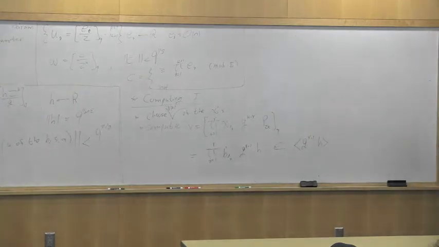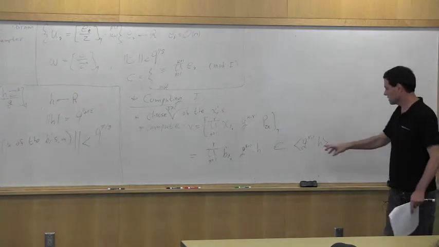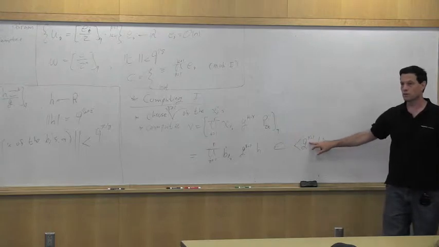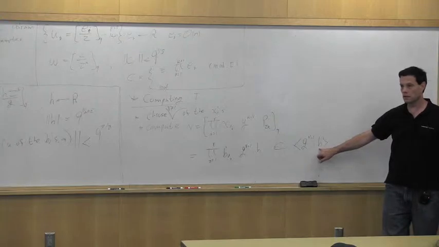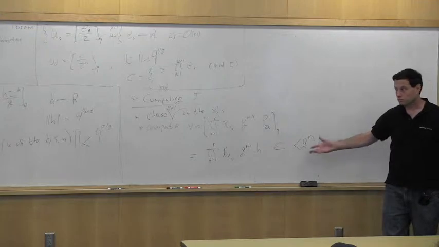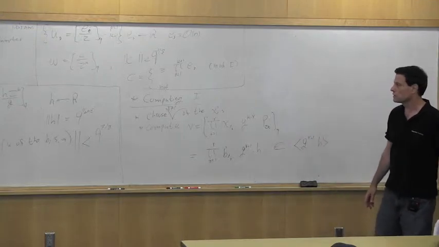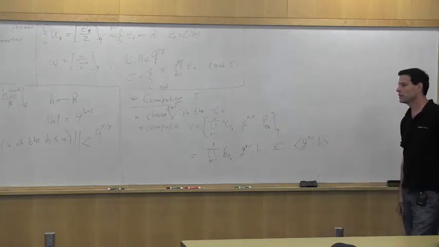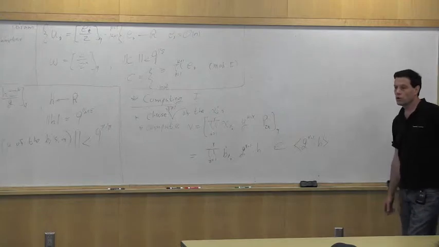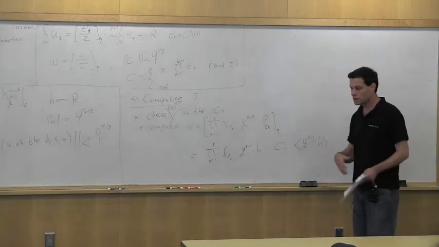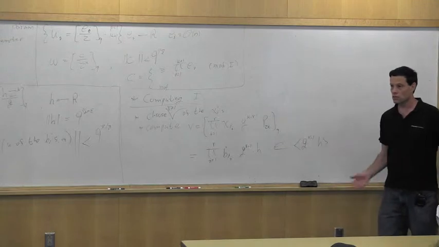Okay, what can we do with that? Let's think of r equals 1 for now. So you get a bunch of elements in the ideal generated by h. If you get a bunch of elements in the ideal generated by h, then you can hope that the GCD over this ideal is h.